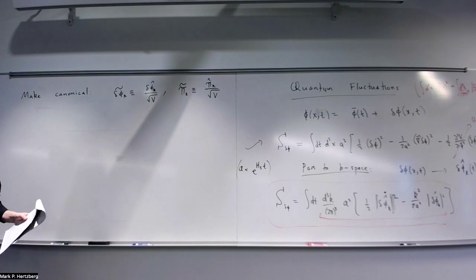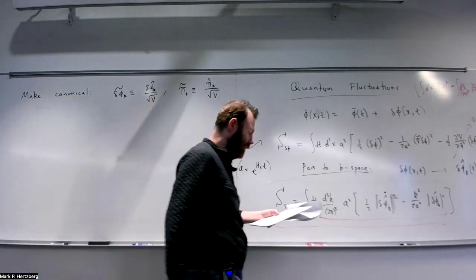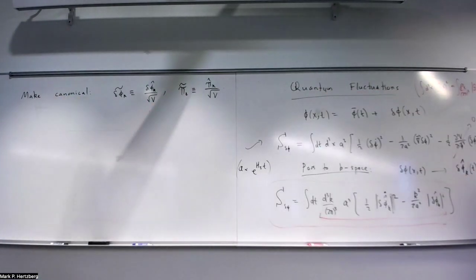Then you see all these volume factors disappear. Pi squared over V is just pi twiddle squared, and the V there will cancel.